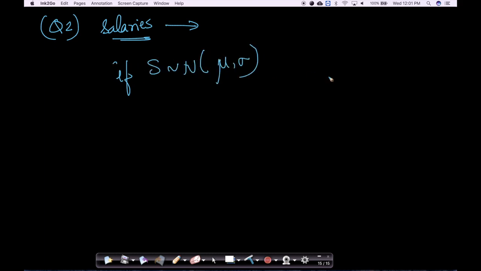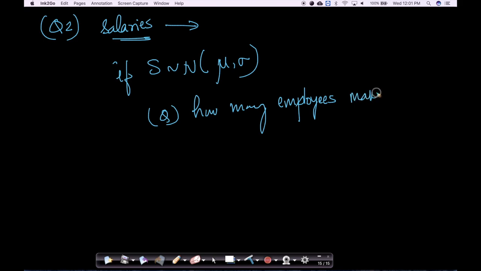Let's take a second question. Now let's assume I have salaries of all the employees in a company. Now, the first thing, if salaries are Gaussian distributed, I can answer lots of questions like how many employees make a salary greater than or equal to $100,000.